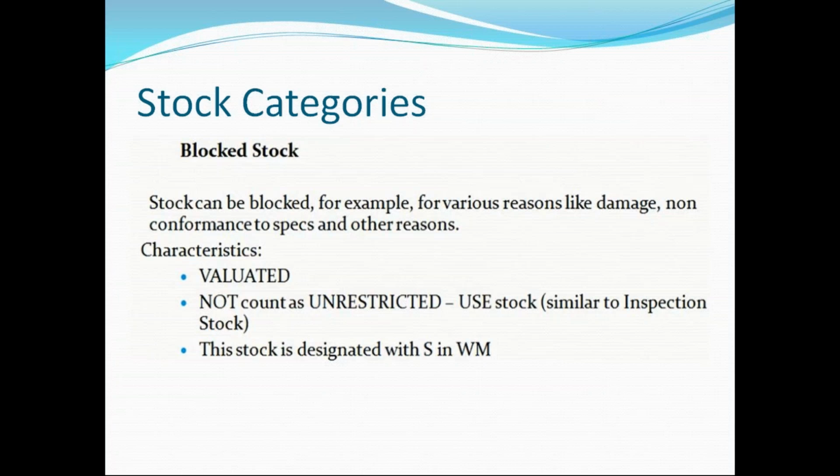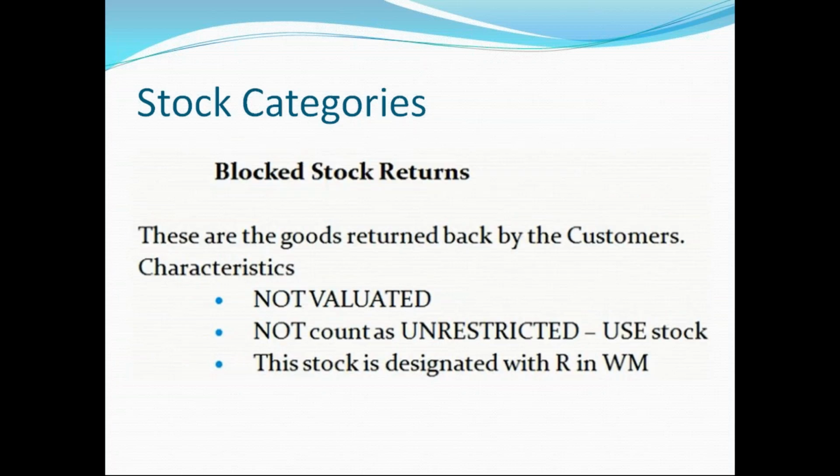It is not counted as unrestricted use stock. That is similar to the inspection stock. So we cannot use the blocked stock for any usage. This stock is designated with yes in the WM system. So whenever you see the stock category as yes, that means it is blocked. So till now we have seen three types of stocks. One is unrestricted, second is quality, third is blocked stock.